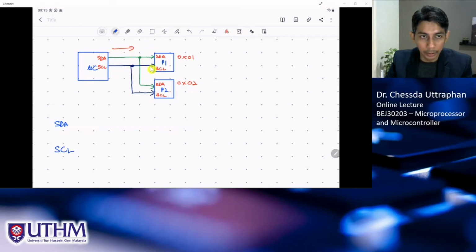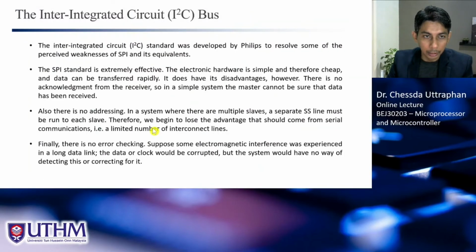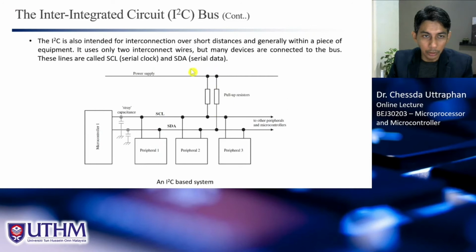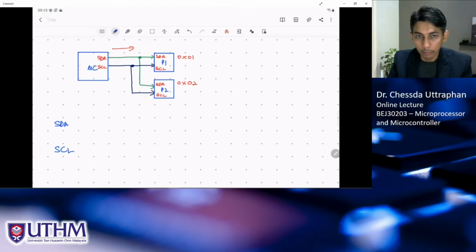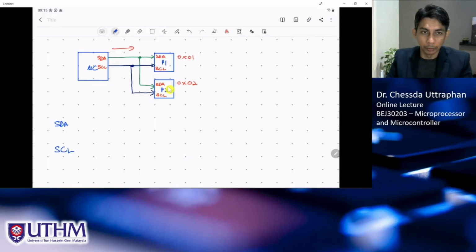I don't want to make things look complicated. And remember, for I2C, you have the power line connected to both the clock and the data. But in this case, I don't draw it, to make it simple.